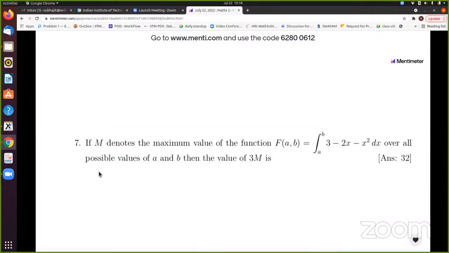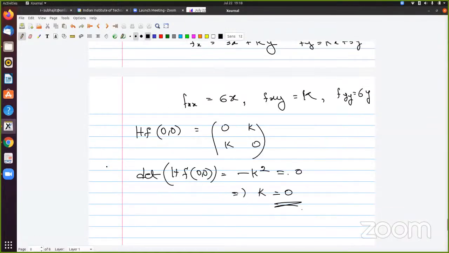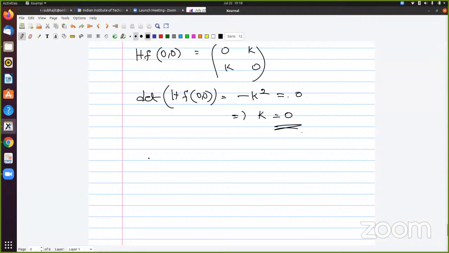We should integrate first. So 3 minus 2x minus x square. So f of ab is a to b square. This is the function, I think.